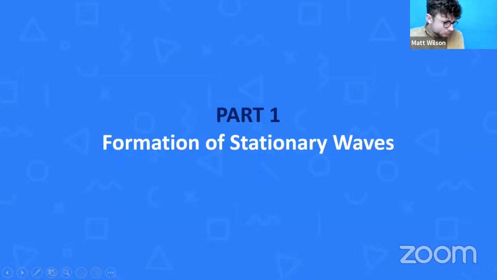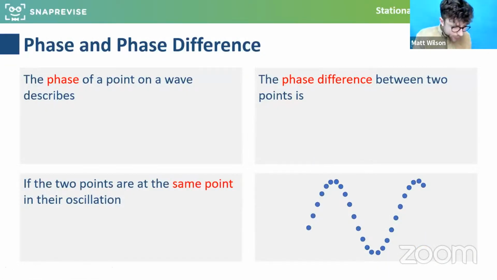So we're going to start by discussing how it is that stationary waves are formed. And before we do that, we need to settle some new language. So a bit more language for how to describe waves. Let's start by talking about the word phase.